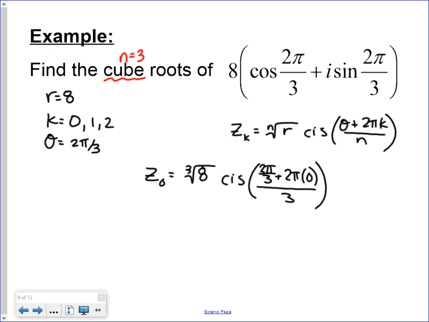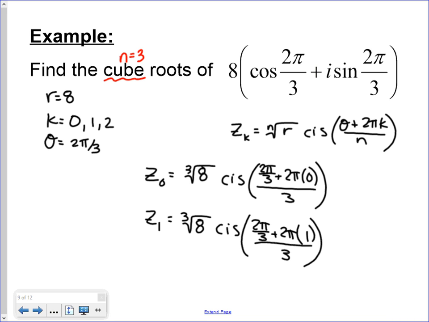So I'm going to go ahead and do my other 2 roots. Z sub 1 is going to look exactly the same. Cube root of 8 cis, 2 pi over 3 plus 2 pi, and then here I change from 0 to 1, because my k is now 1, divided by 3. And then I do that one more time. Z sub 2 equals cube root of 8 cis, 2 pi over 3 plus 2 pi times 2, all over 3.